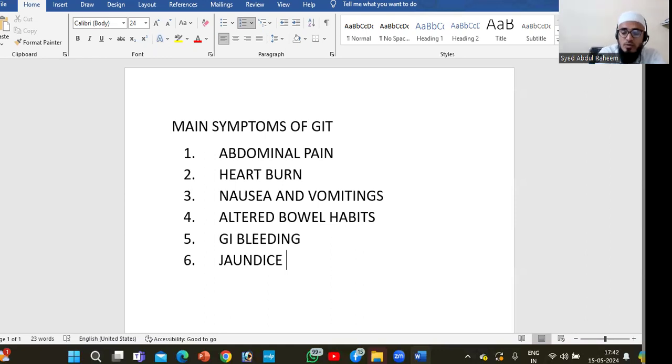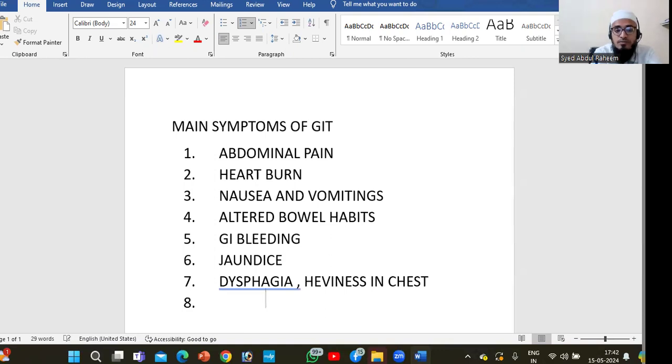Next, what are the other symptoms related to the gastrointestinal tract? Dysphagia, difficulty in swallowing. Then heaviness in the chest region after eating food.